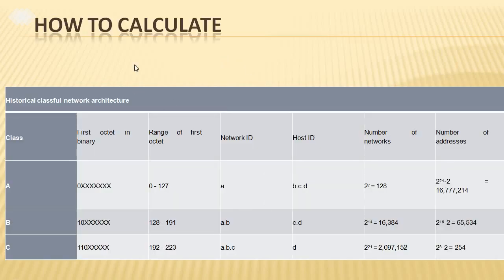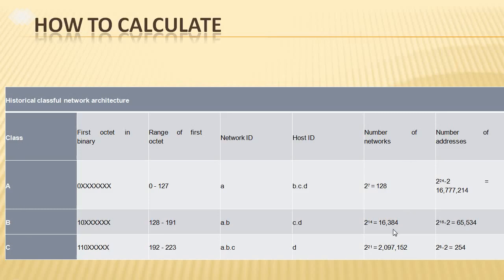Now how to calculate? Here are the first octet numbers, classes, and ranges I have mentioned, and some network IDs which are unique to their classes, and some host IDs which are also unique in the IP address classes.